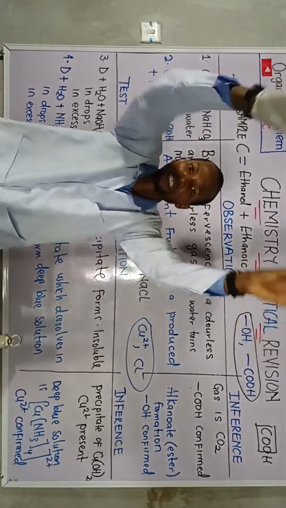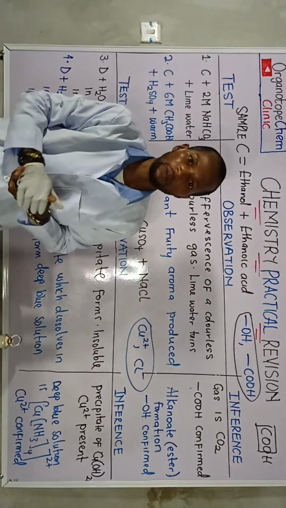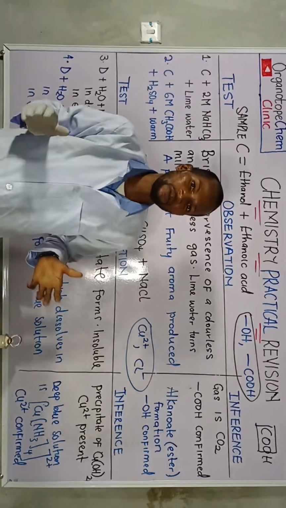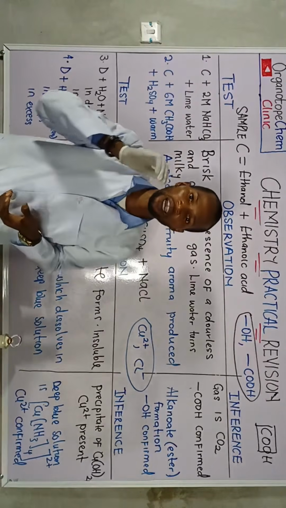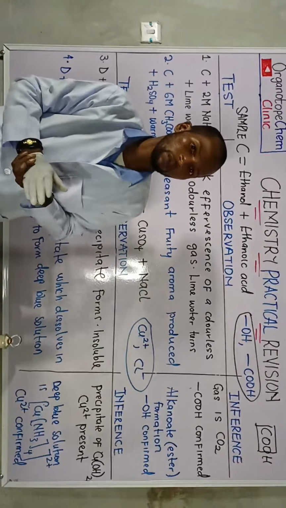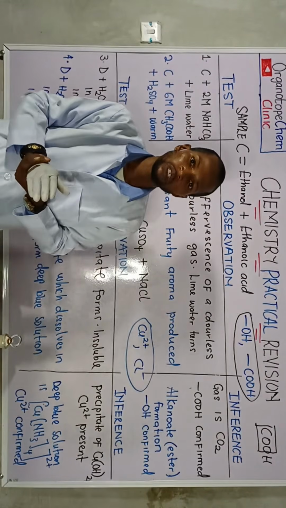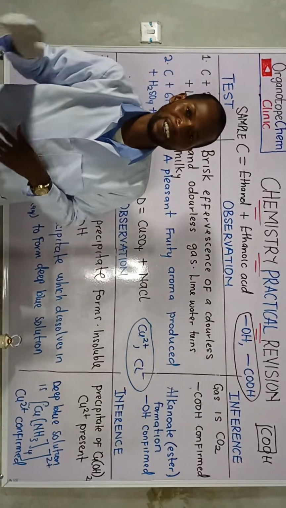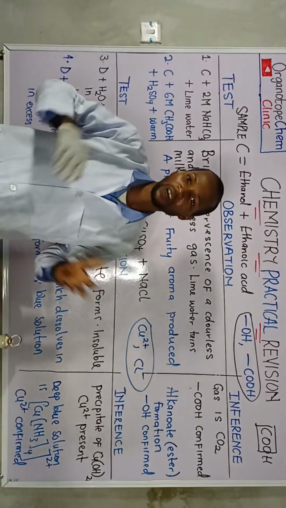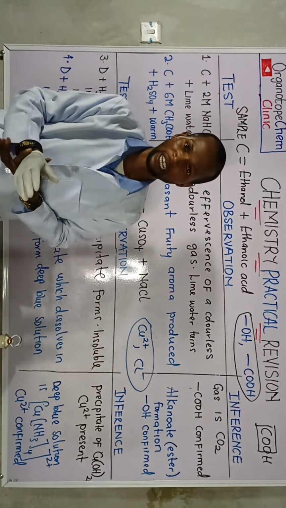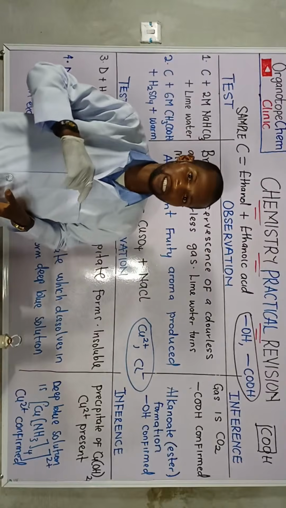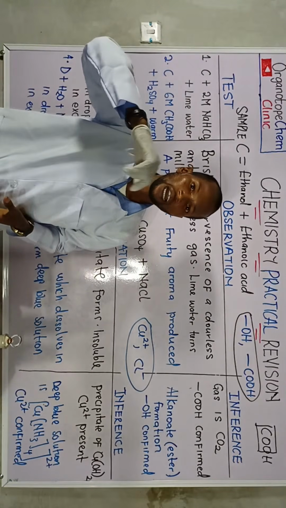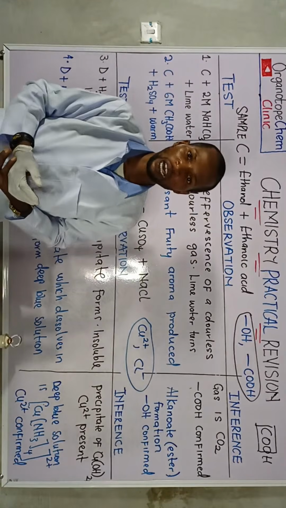Now, the potassium hexacyanoferrate 2, I'm going to write the formula. Is that okay? But the issue we are having right here is that when I requested for potassium hexacyanoferrate 2, the lab vendor provided hexacyanoferrate 3. Is that okay? So you are likely to face similar thing in your exam. So for this particular test, we are going to write the expected observation.